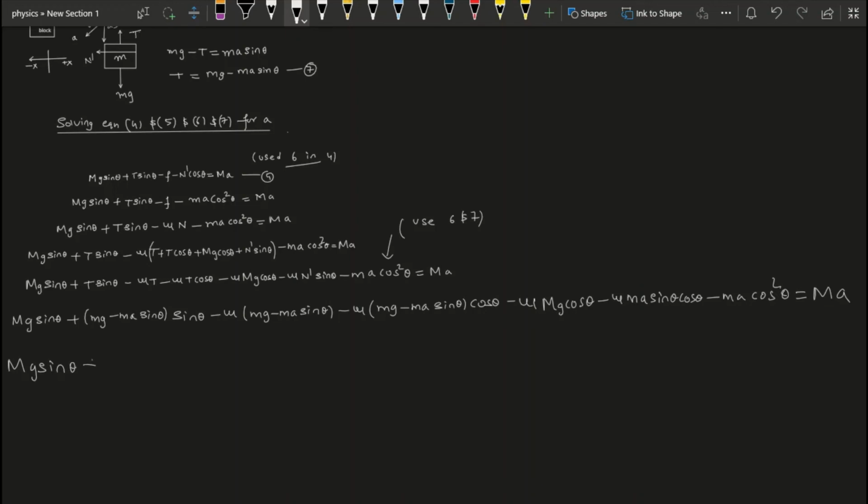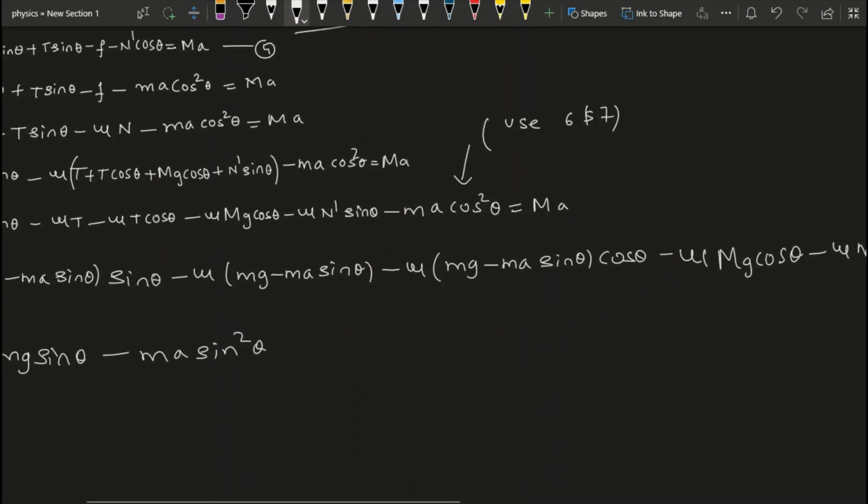Now multiply this, small m into g into sin theta, and here minus m into a into sin square theta. Okay, and let us multiply this one also, minus mu into small mg, minus of minus becomes plus, mu into ma into sin theta, minus of minus it becomes minus mu mg, minus of minus it will become plus. So here we have to observe this, mu mg and cos theta is also there, we have to multiply, I forgot.